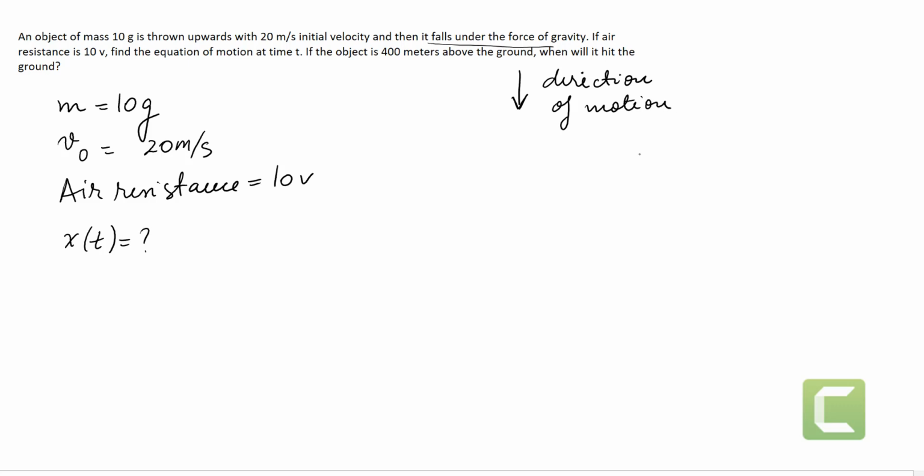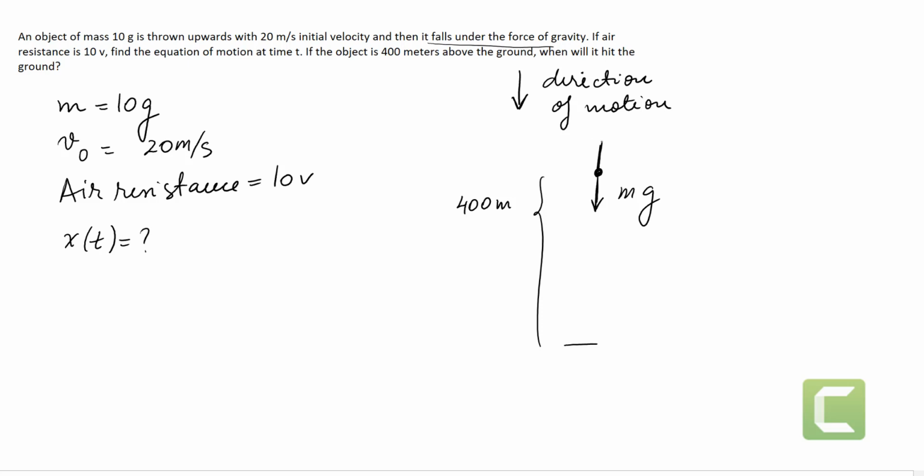Now I have this object 400 meters above the ground, and the force that acts on the object is the force of gravity, which is mg.